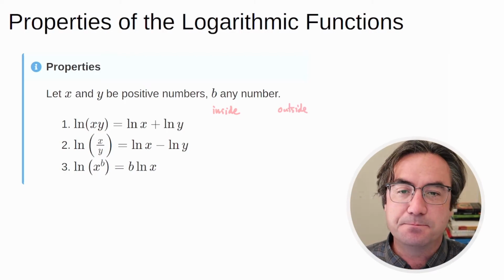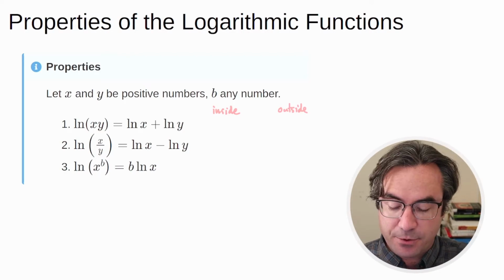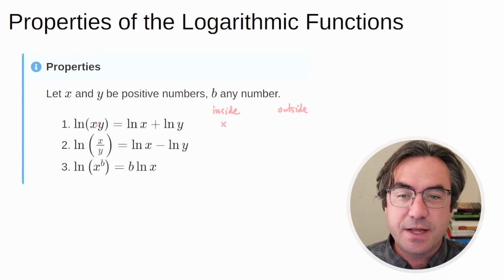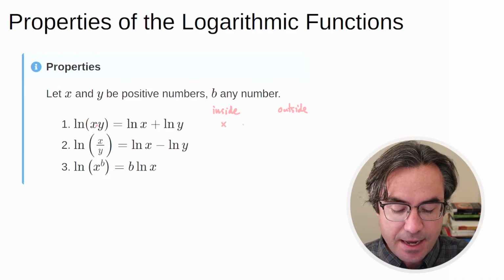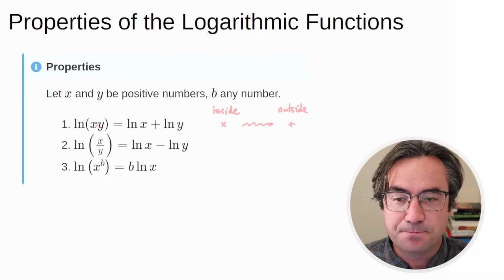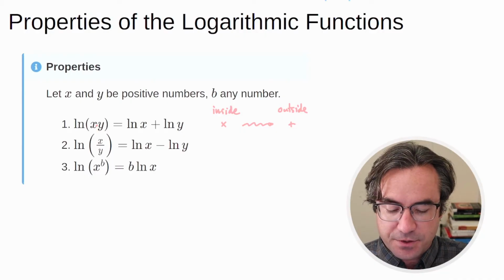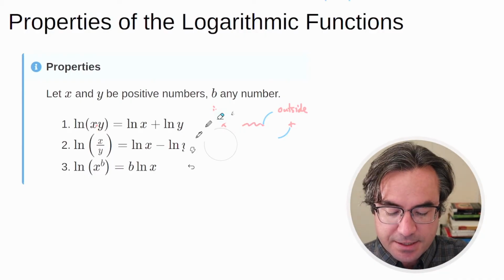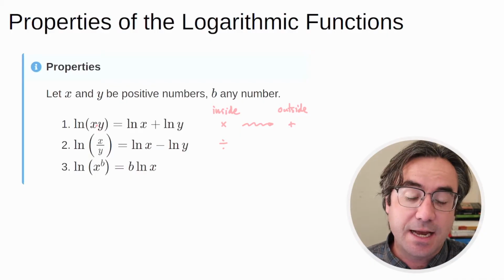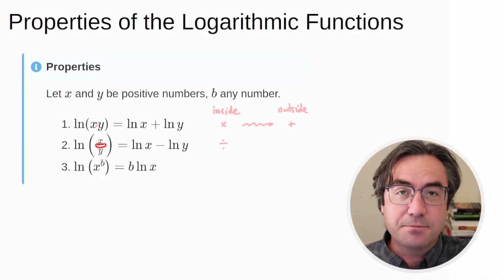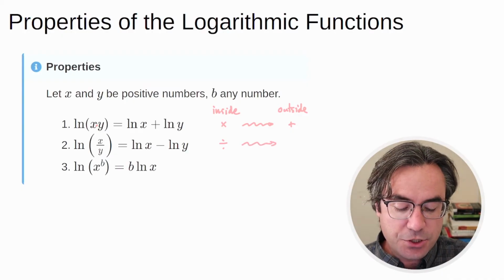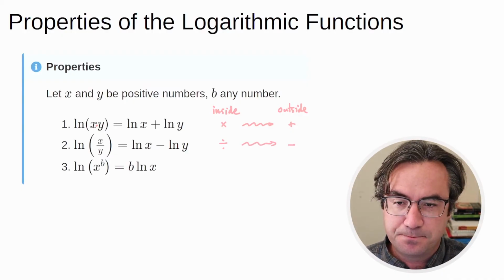Multiplication happening inside is converted into addition outside the log function. The second property takes division inside, so we have a fraction x divided by y, and converts it into subtraction.